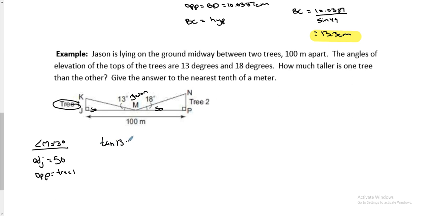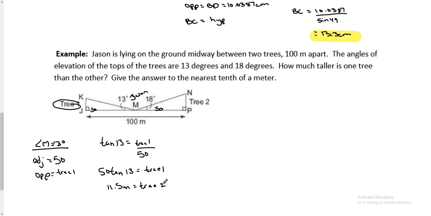Tan of 13 is equal to opposite over adjacent, so tree 1 over 50, which gives me 50 tan 13 is equal to tree 1. Plug that into your calculator. To the nearest tenth of a meter, we get 11.5 meters is equal to tree 1.